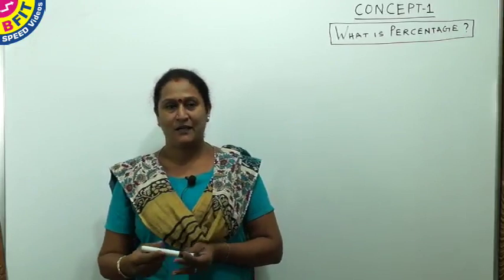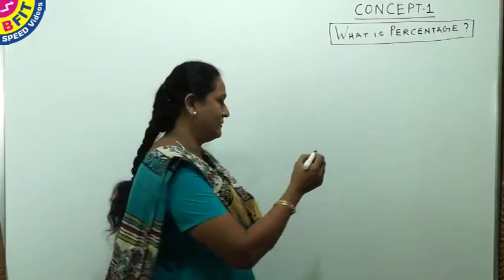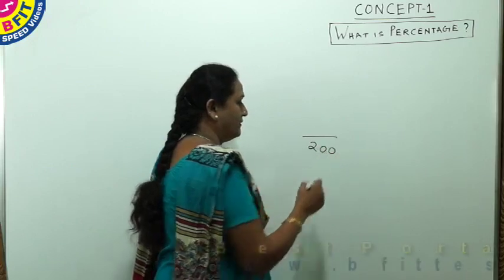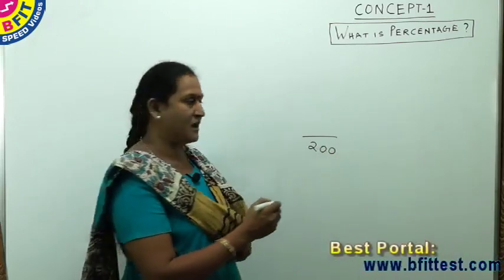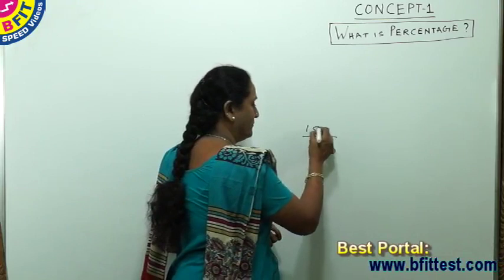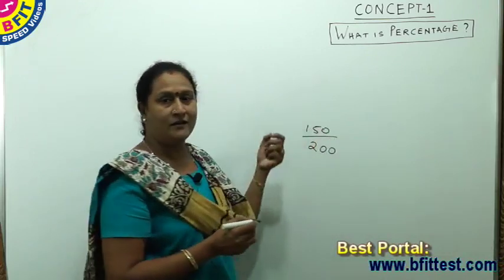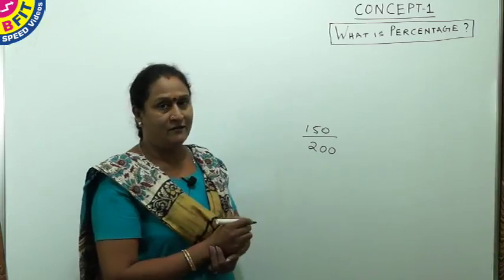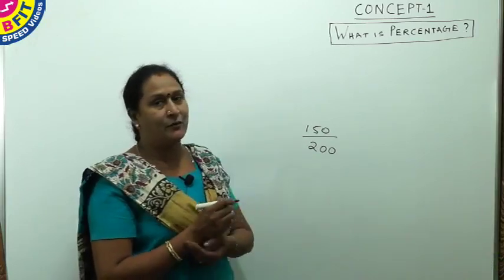Say for example, a boy scores 150 marks out of 200. So for 200 his score is 150, so what will be the value for 100? How can you get 100 from 200?